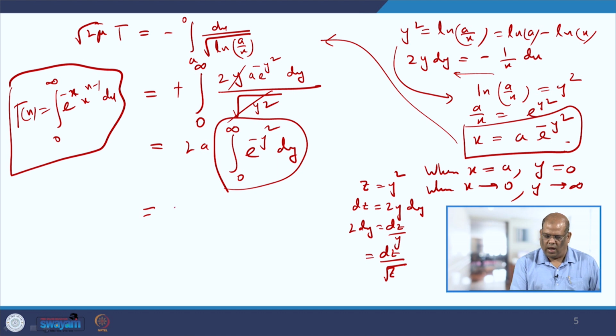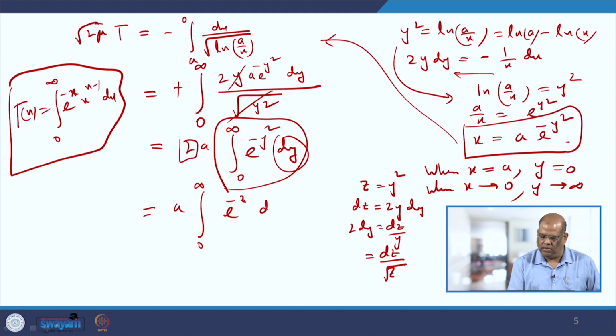So, I have the integral from 0 to infinity, this 2 dy will give me dz by z, so e to the power minus z, and this is dz divided by z to the power half.